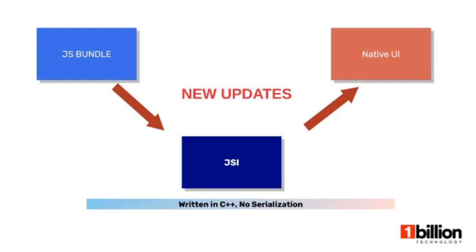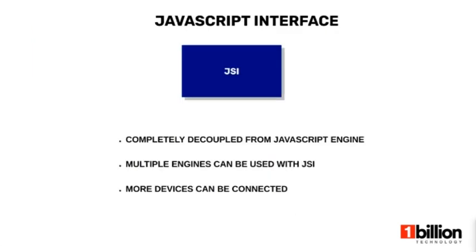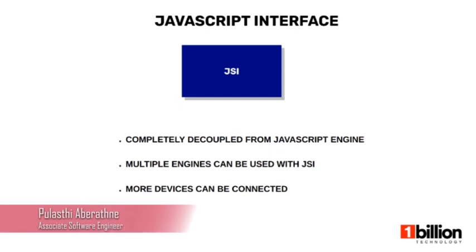Also, the next very important thing is that the processing runs very smoothly because JSI is written in C++. Previously we used engines to do that, but in JSI we have a C++ background, therefore the processing is very efficient. JSI, JavaScript Interface, is completely decoupled from the JavaScript engine.